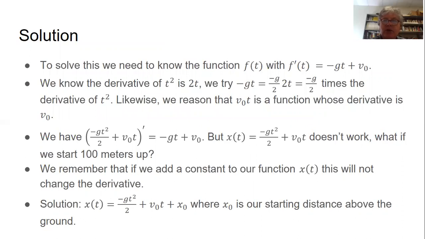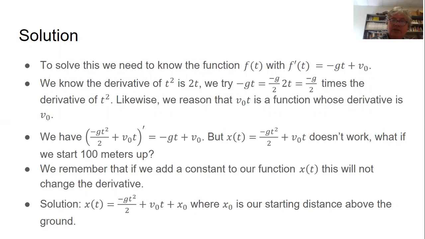Okay, so let's work on it term by term. Now, we know the derivative of t squared is 2t. And so we want to get -gt. So if we take 2t and multiply that by -g/2, this gives us -g/2 times the derivative of t squared.